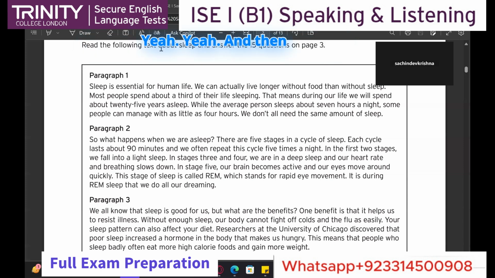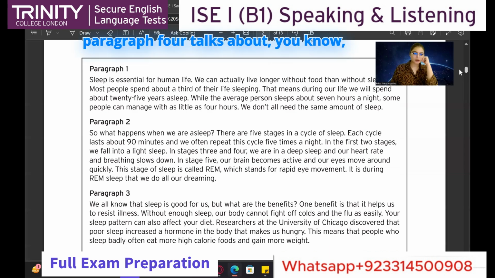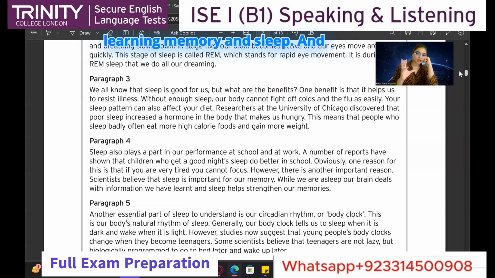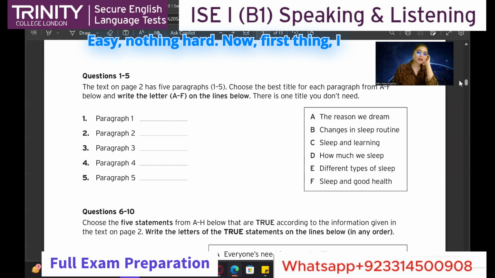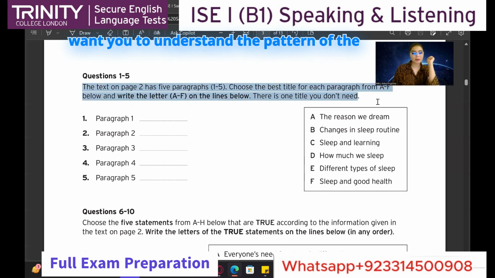And then paragraph 4 talks about learning, memory, and sleep. And the last one talks about changes in sleep routine or cycle, how our body reacts to light, and stuff. Easy, nothing hard. Now, first thing I want you to understand the pattern of the test.